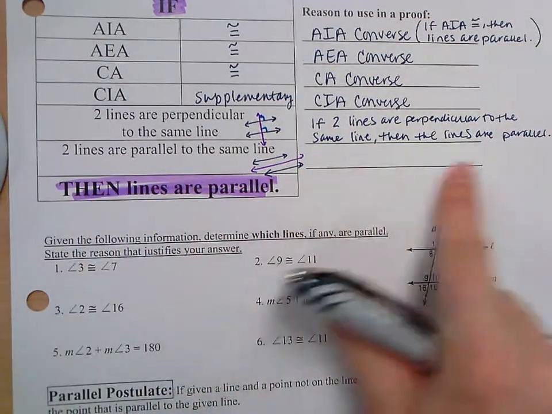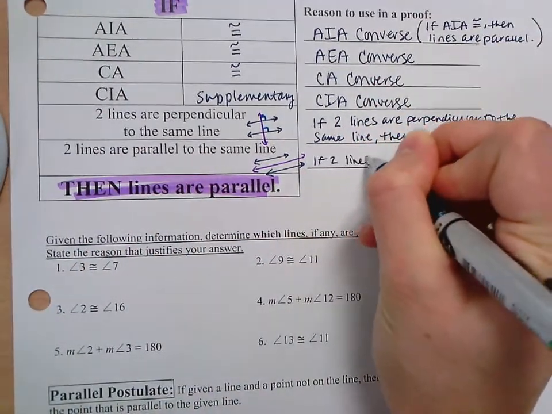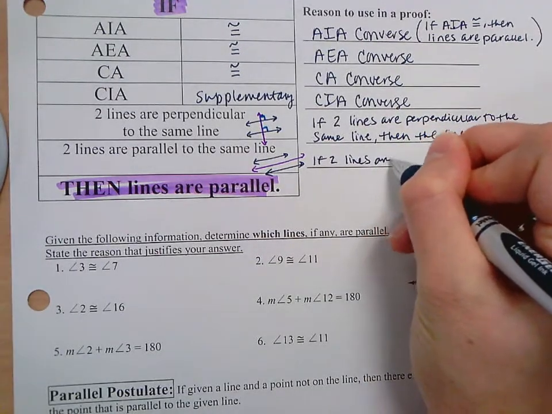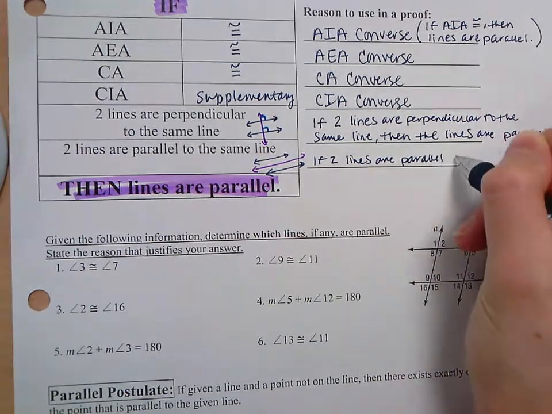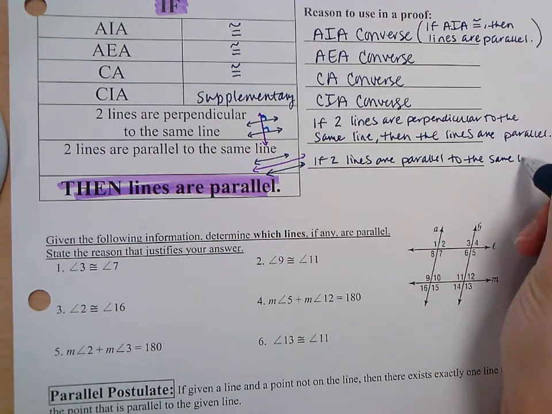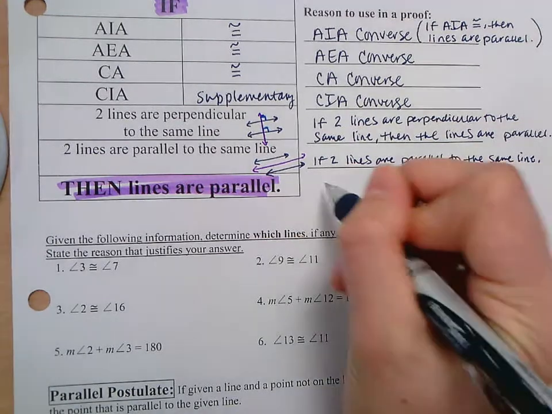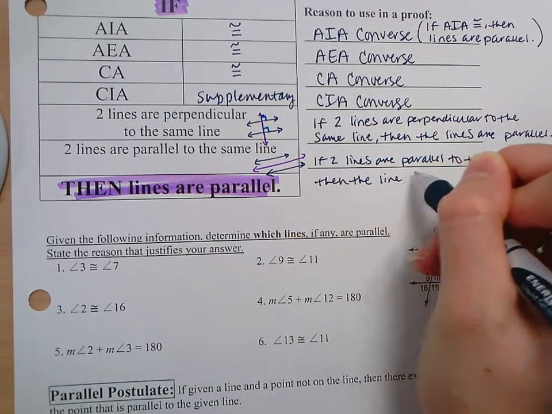So that would also be written out as a sentence. If two lines are parallel to the same line, then the lines are parallel.